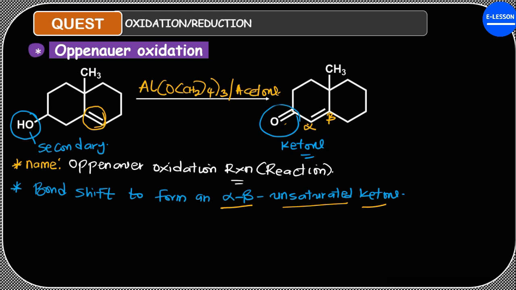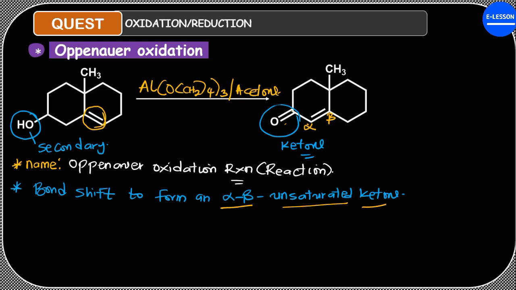So the Oppenauer oxidation is used to convert secondary alcohols to alpha beta unsaturated ketones.